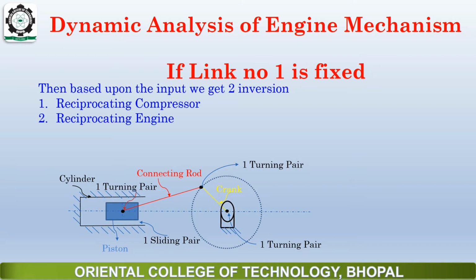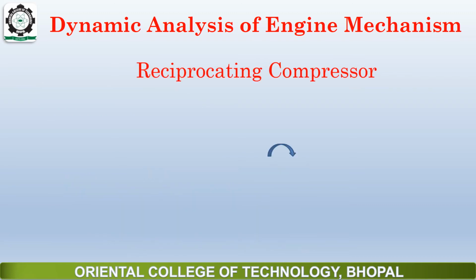Inversion number one is reciprocating compressor and inversion number two is reciprocating engine. Now the question is, when will we get reciprocating compressor and when will we get reciprocating engine? This confusion we can overcome based upon the input. Whether we provide the input decides whether the mechanism is a reciprocating compressor or a reciprocating engine.